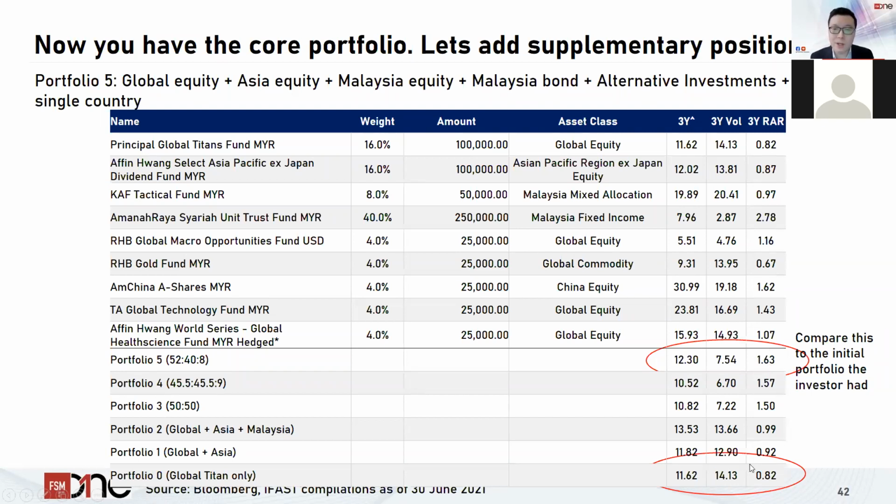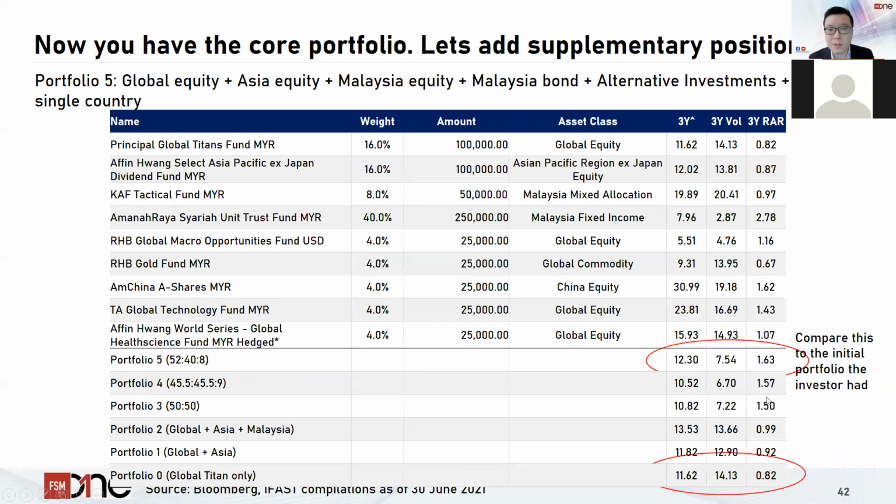So from the initial portfolio that we had, which only had global equity, with these statistics, 11.6% per annum return, 14% vol, and 0.82 risk-adjusted return, we managed to improve this by this much.